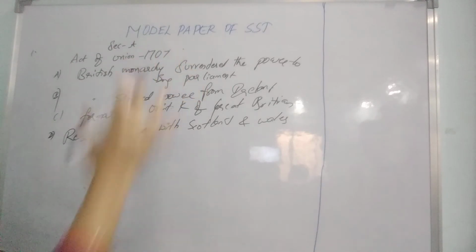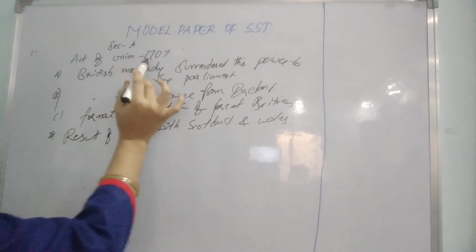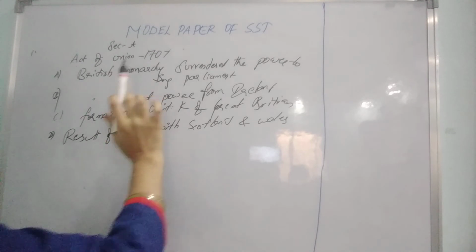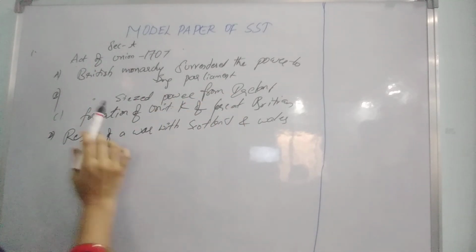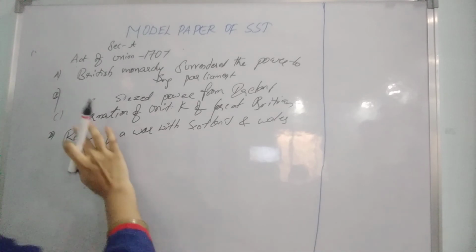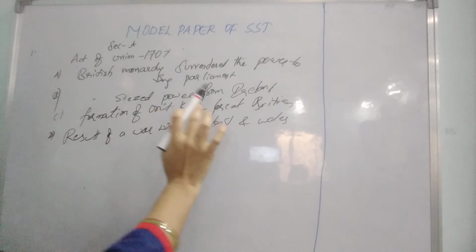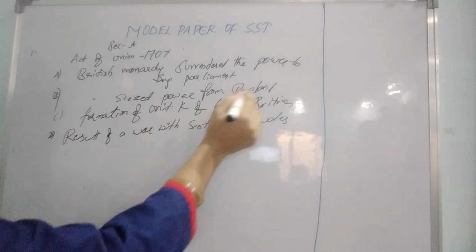Identify the correct statement with regard to the Act of Union 1707 from the following options. First option is the British monarchy surrendered the power to English Parliament. The second option is the British Parliament seized power from Ireland.